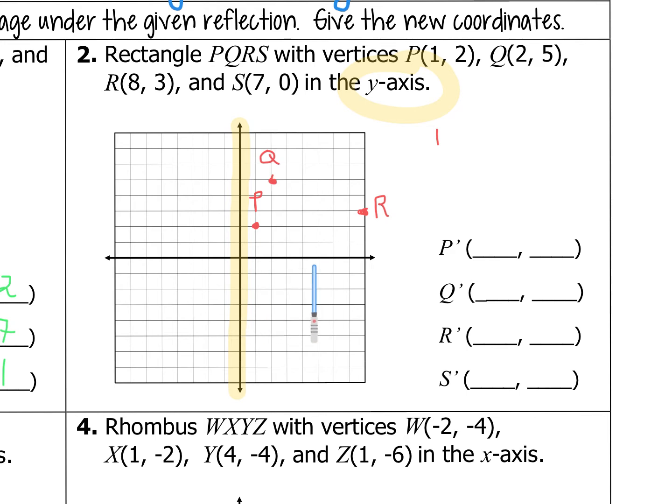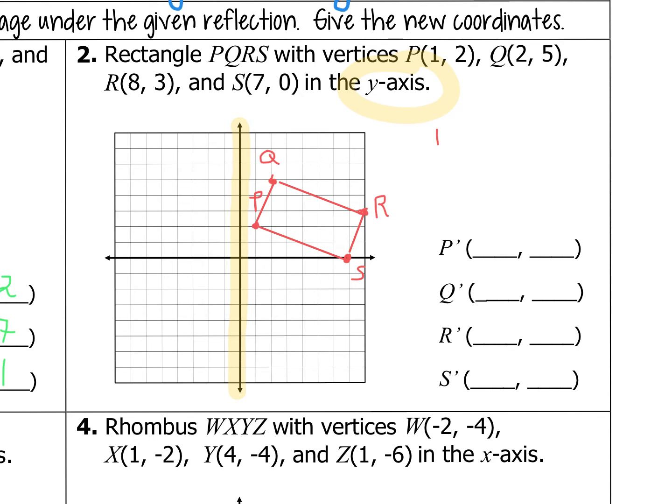So right 7 would put us here, and up 0 means don't go anywhere. So you're going to plot S here, and then connect your points with a straight edge. If you don't connect your points with a straight edge, sometimes it's hard to tell if you have the same shape or if you messed up your shape. Okay, so there's our pre-image.